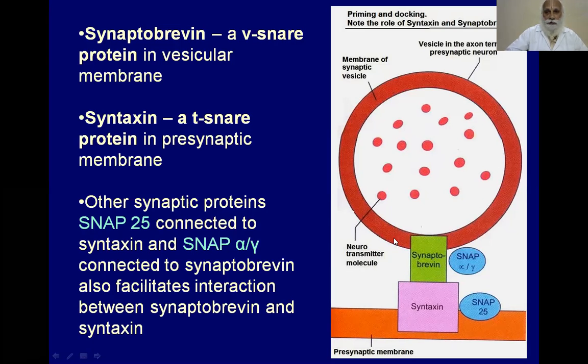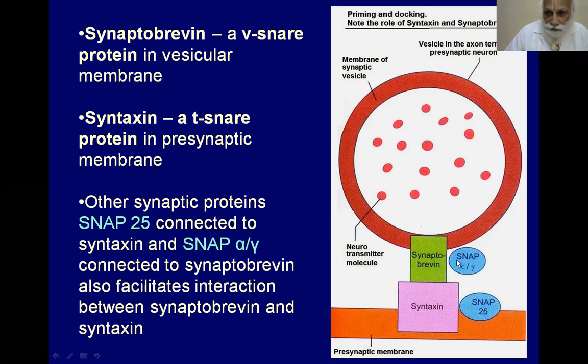The synaptic vesicle membrane is attached to the presynaptic membrane through synaptobrevin and syntaxin. Synaptobrevin is with the synaptic vesicle. Syntaxin is with the presynaptic membrane.